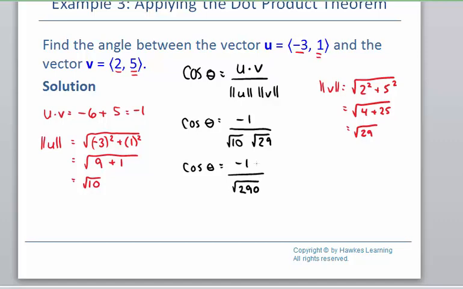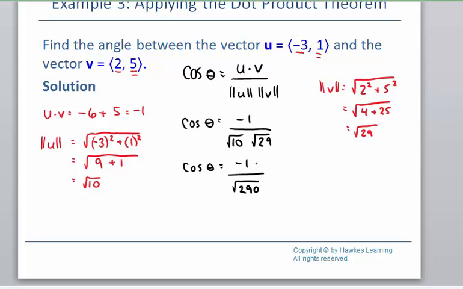Now remember that we're looking for an angle. So in order to find an angle, recall that you use your inverse cosine key. I'm going to put my calculator in degrees. I'm going to do inverse cosine of -1 divided by the square root of 290.